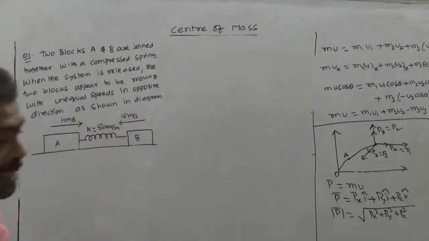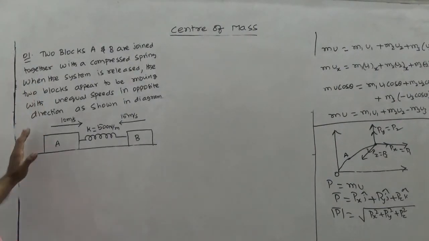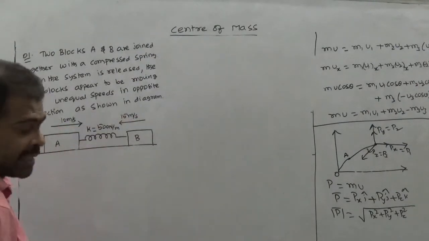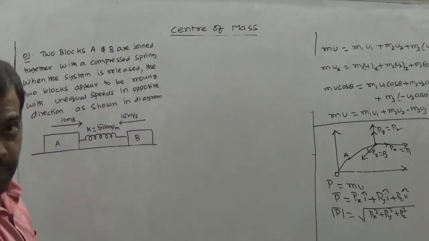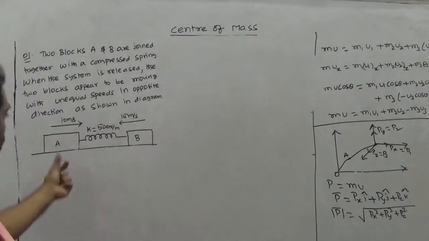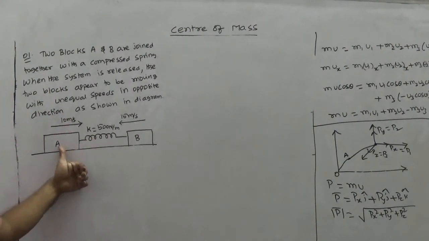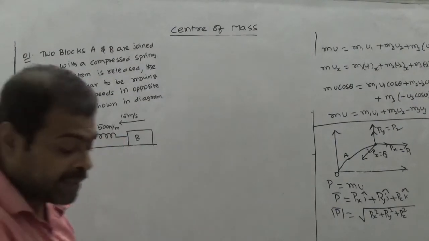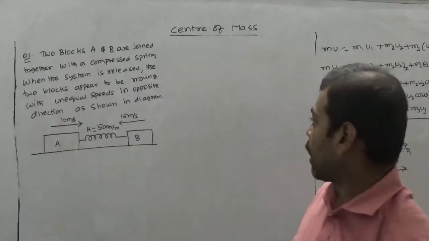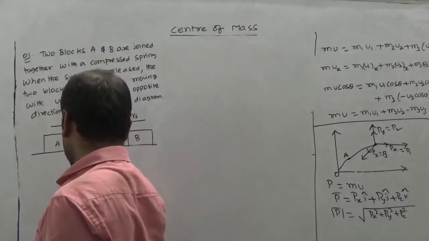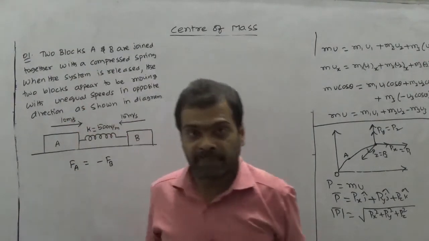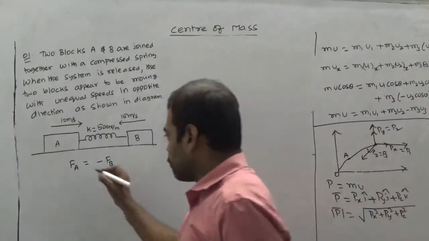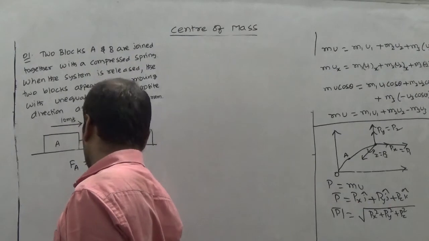Now see here, as we discussed earlier, whenever the two blocks are moving in the opposite direction, as block A moves towards right, block B will move towards the left, such that at any point, whatever force is acted on the spring due to A is equal and opposite to the force acted by block B. With this I can say that the net force is 0.